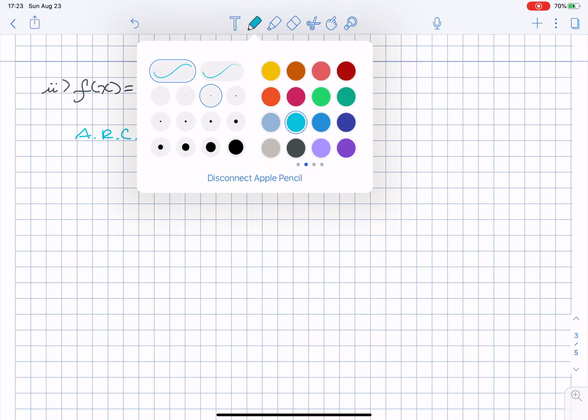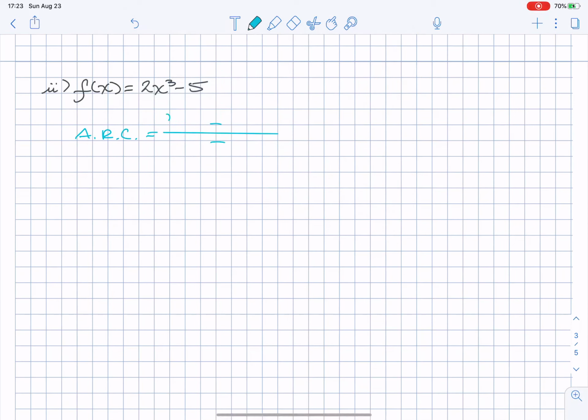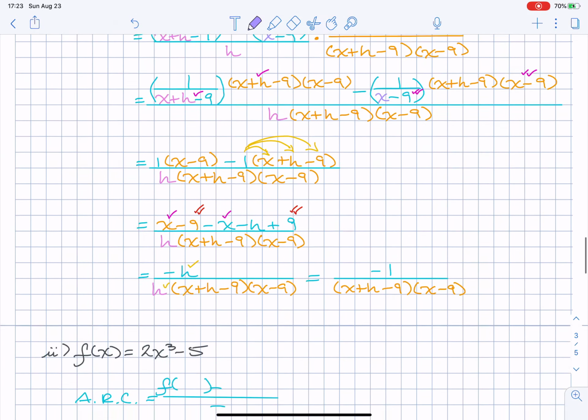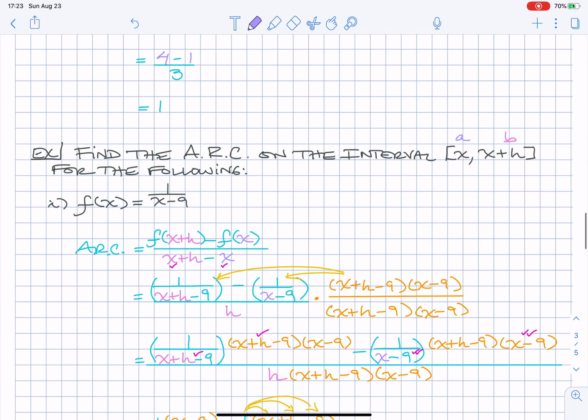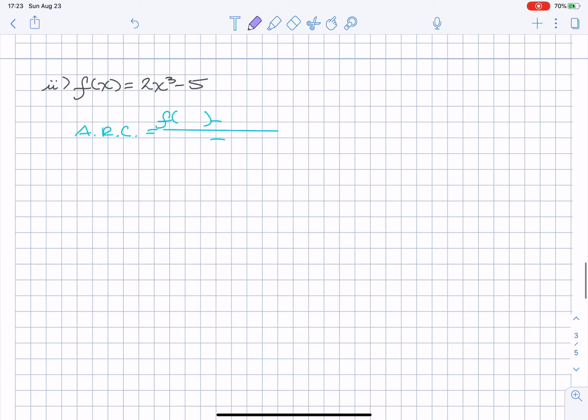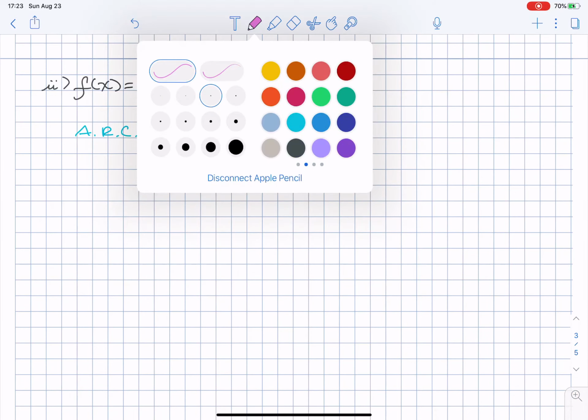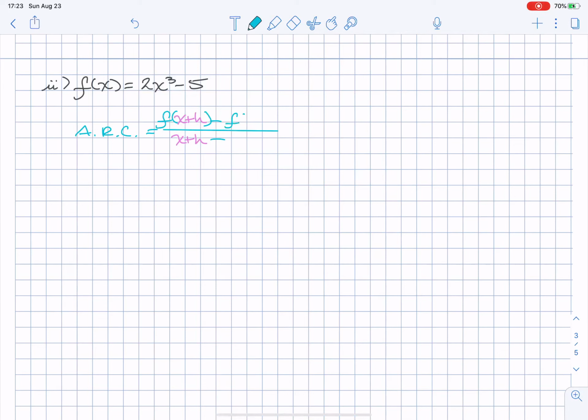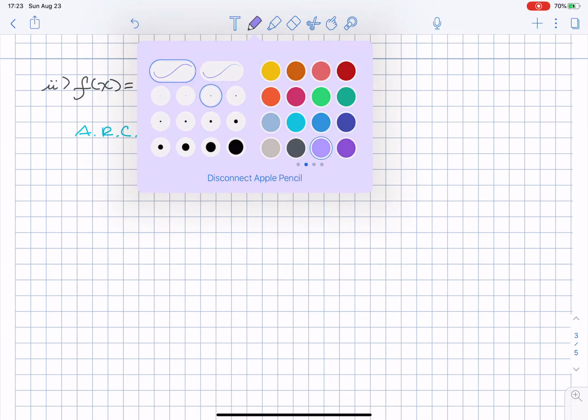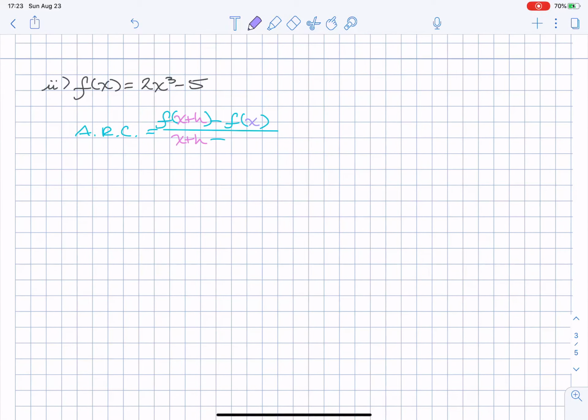So for us, that's going to be f of, what color did I use? Did I use pink first? Yeah. x plus h minus f of x all over x plus h minus x.